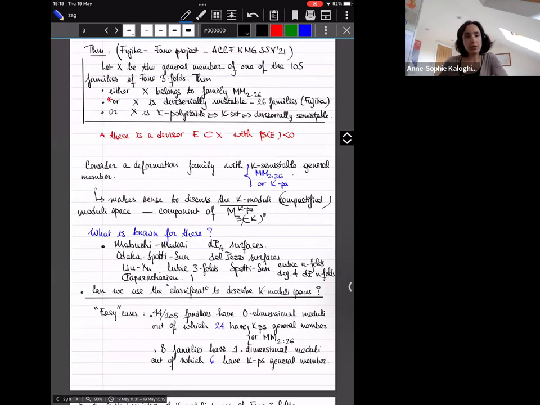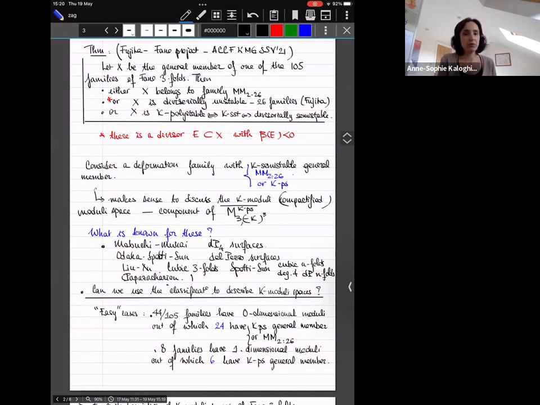So essentially, the question I want to ask is, can we use the classification of Fano threefolds to describe the K moduli spaces? Somehow the issue here is that we have the classification, so we know everything we want to know. But the problem with this classification is that it's far from being modular.